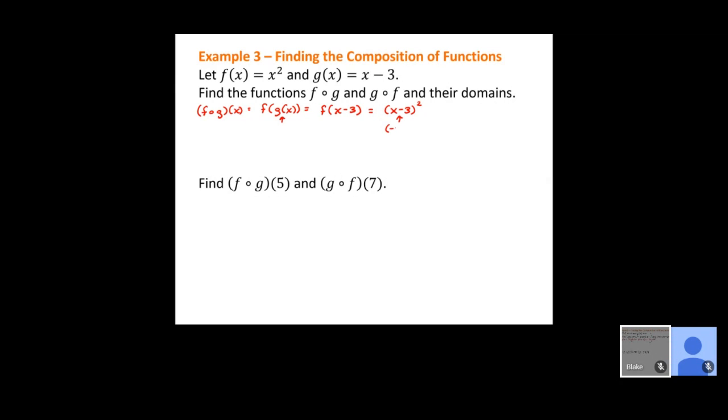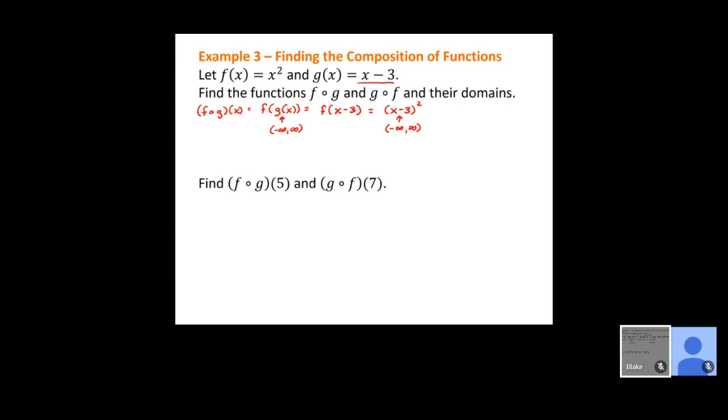So this piece right here is negative infinity to positive infinity, no restrictions. Now let's look at the g of x function. So g of x was x minus 3. Are there any restrictions on that inside function? There's not, right? X minus 3 is all real numbers also. So negative infinity to positive infinity.